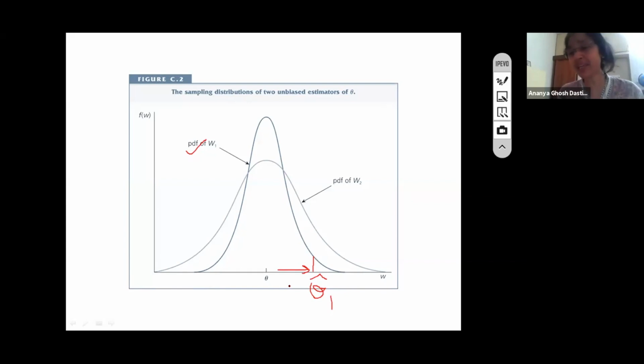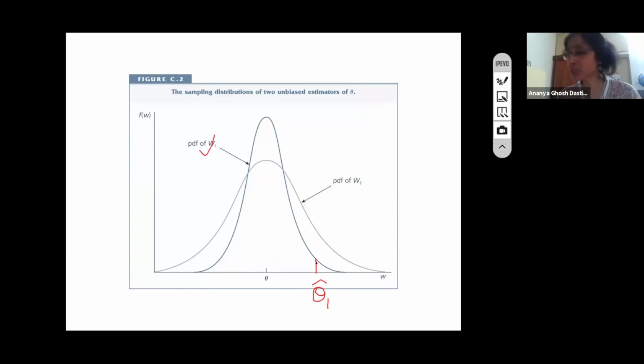So I ideally want a sample which will give me an estimate which is close to theta, right? Now the probability that I'm going to get an estimate like theta hat 1 when I'm using W1 is pretty low.